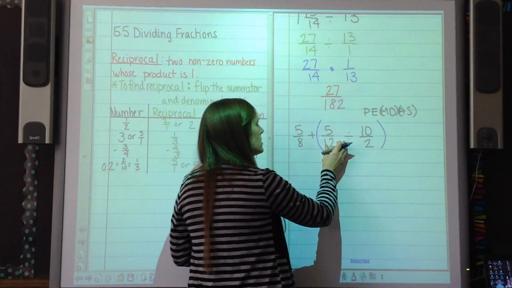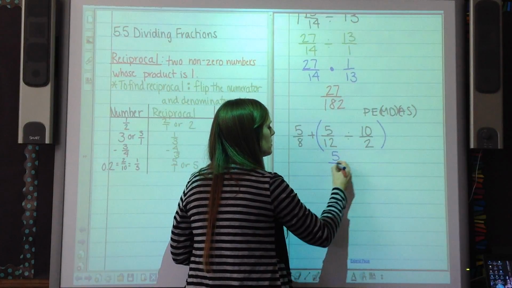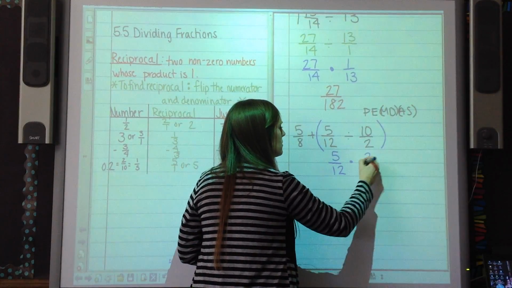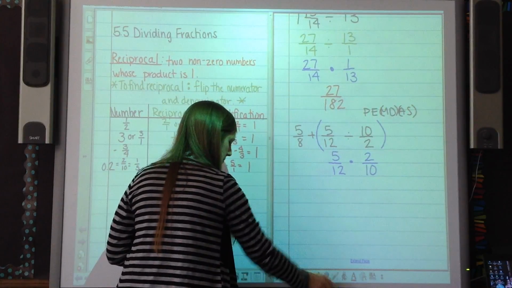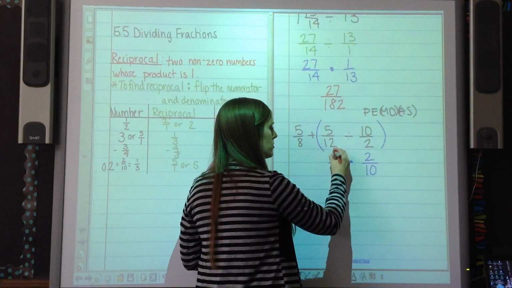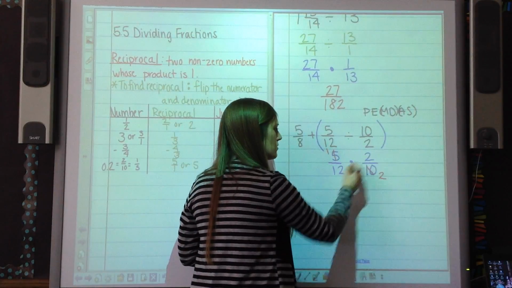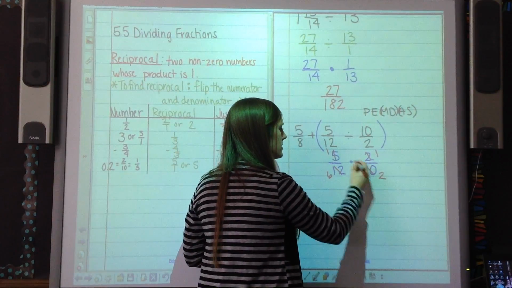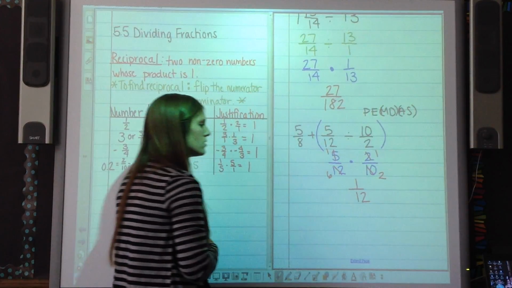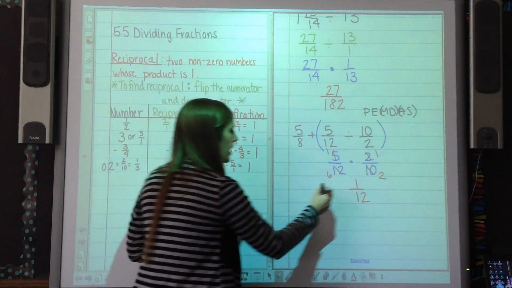I'm going to turn this into multiplication. Keep, switch, flip. Now I'm going to follow multiplication rules, and I'm going to cross reduce 5 out of both of these, and 2 out of here. So I get 1 times 1, and 6 times 2. I'm going to drop down the rest of the problem.